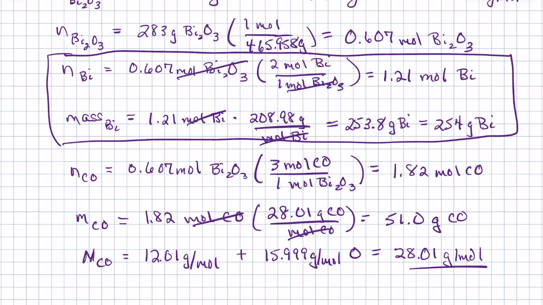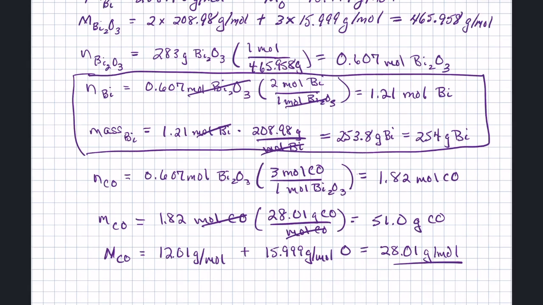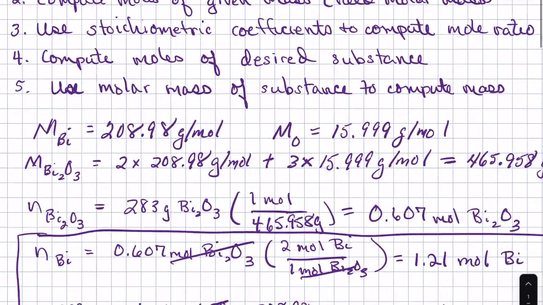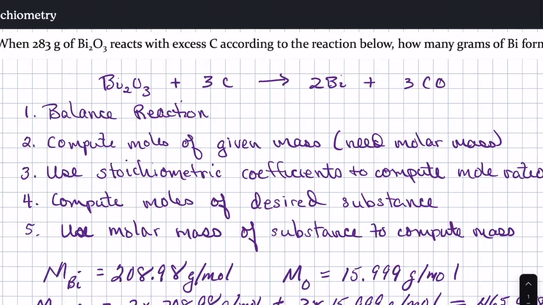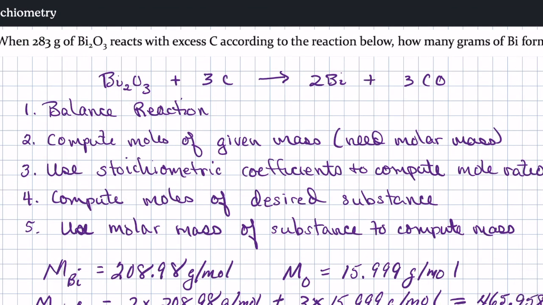So now we calculate the mass of our products in this particular case. And again, I will note, and this is something we'll talk about a little bit later, the reaction said excess carbon. So we didn't actually specify how much carbon we had. Excess means we've got more than enough carbon to react with all of the bismuth oxide.